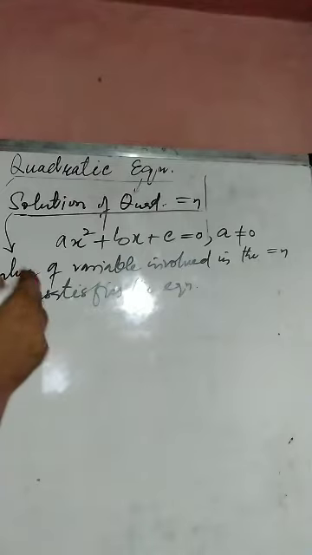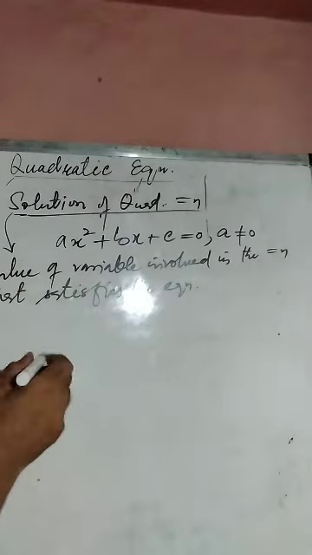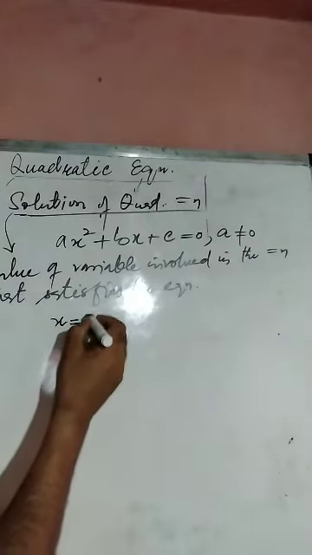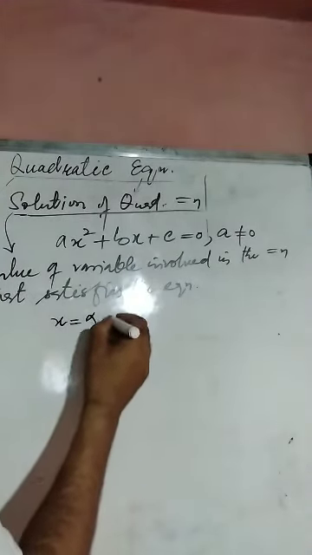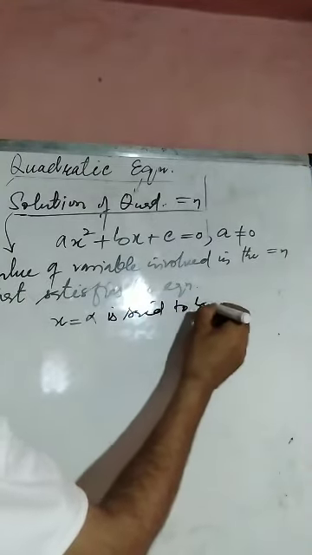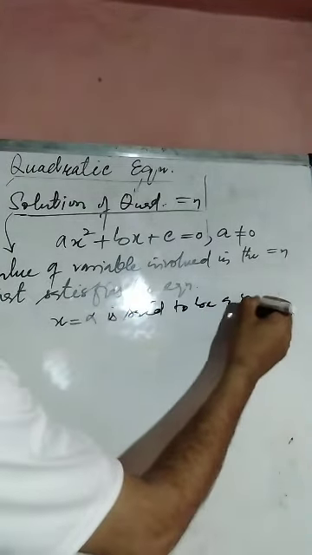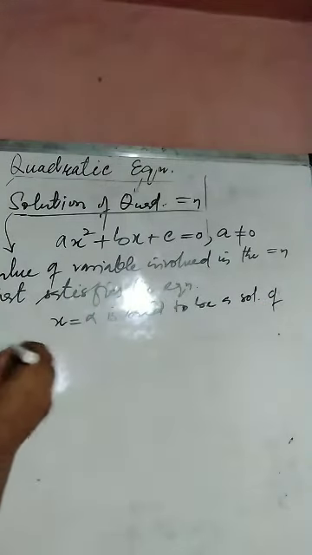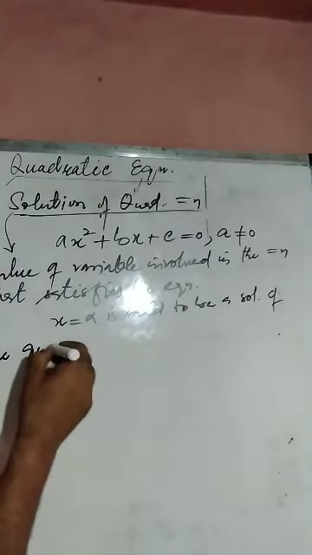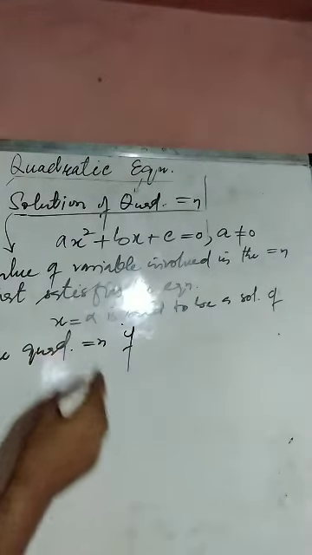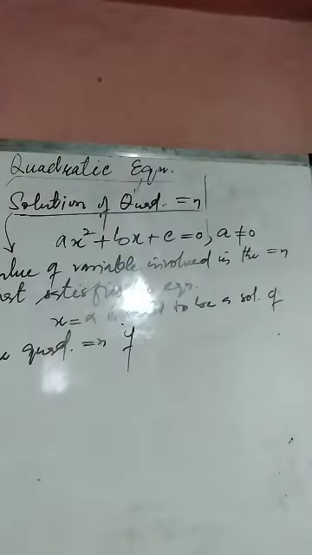Now in other words, we will say that x equal to alpha is said to be a solution of the quadratic equation if it satisfies the given quadratic equation.